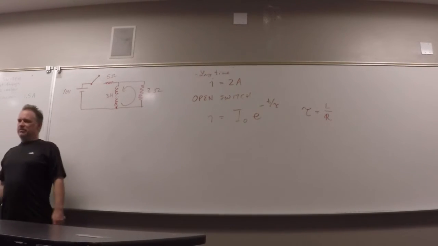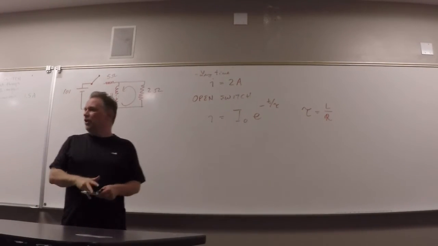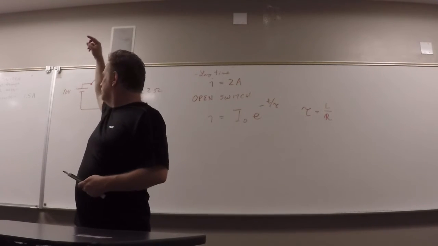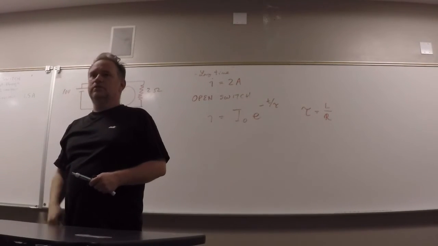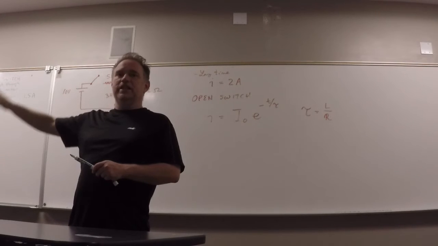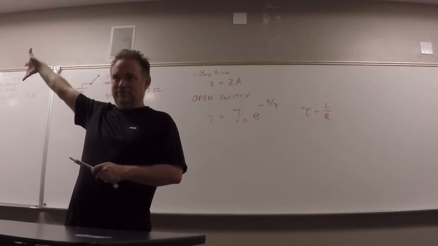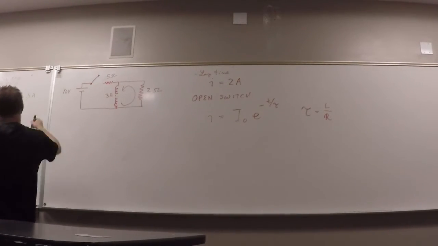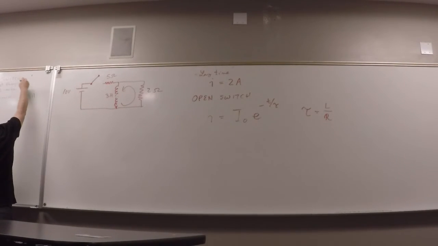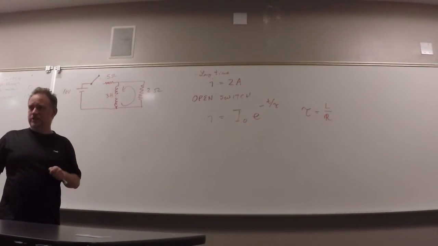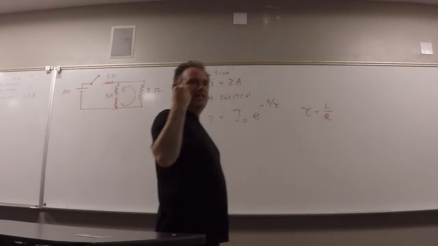Now, how much is flowing through the 5 ohm resistor? Nothing, because the inductor will block it. So immediately after it closes, 1.5 amps there, and none through the 5 ohm resistor.